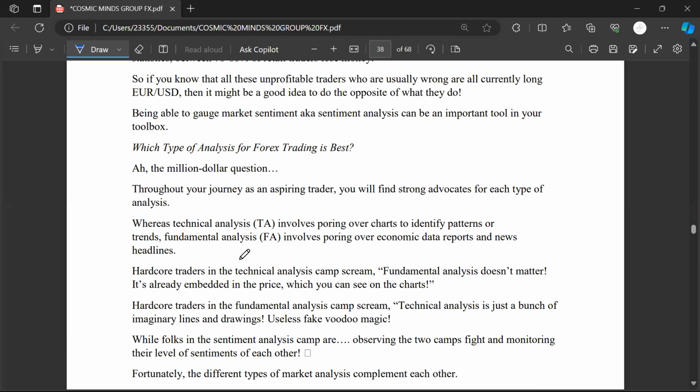Hardcore traders in the technical analysis camp say fundamental analysis doesn't matter. Everyone is against the other. If I'm a technical analyst, I may say that fundamental analysis doesn't matter, just to favor my own point of view.